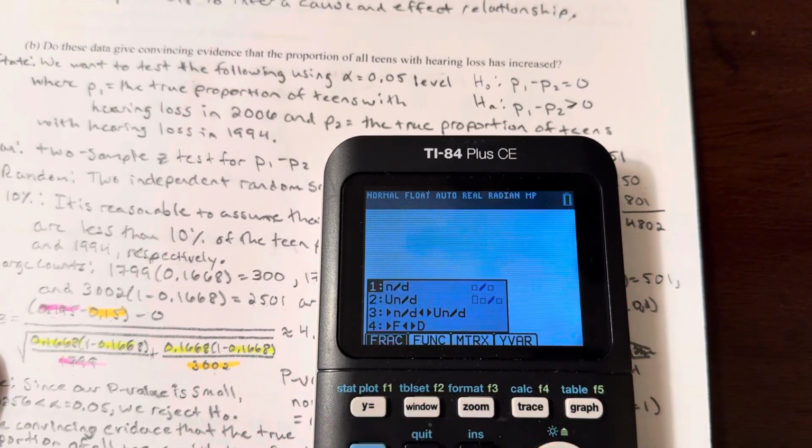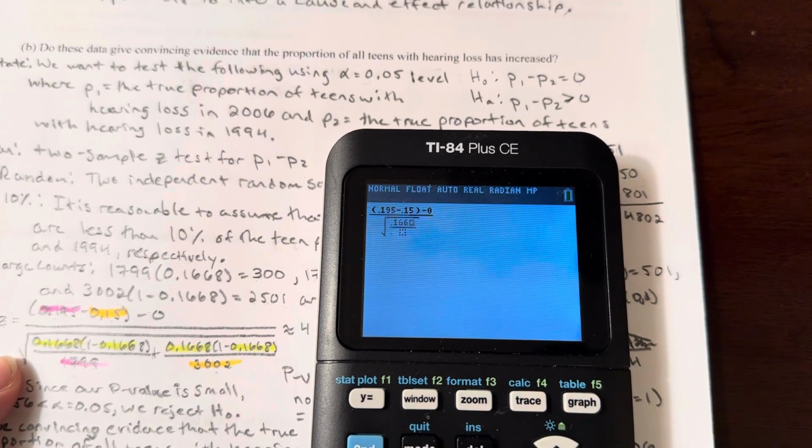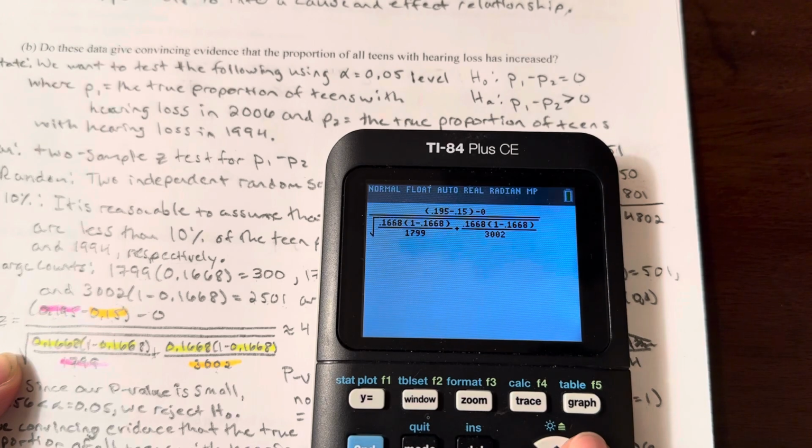So if I open this up with alpha y equals, hit enter, open parentheses, 0.195 minus 0.15, close parentheses, minus 0, and then arrow down to the bottom and open my square root sign, fraction, 0.1668 times 1 minus 0.1668, 1799 in the denominator, add another fraction into here, 0.1668 times 1 minus 0.1668, close my parentheses, and then my second sample size of 3002.